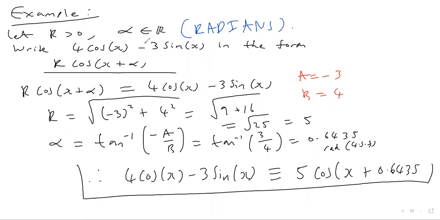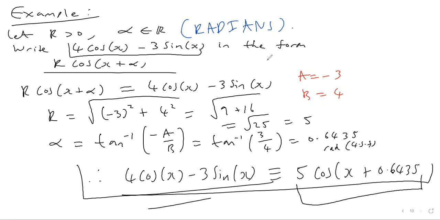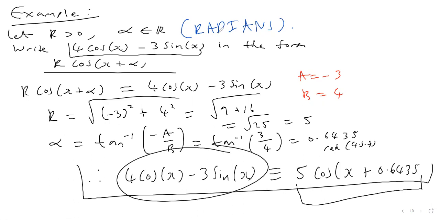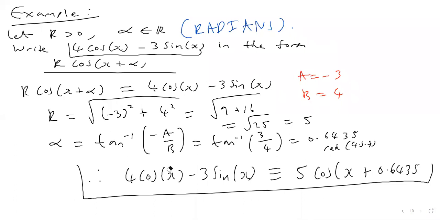Tomorrow we're going to look at why this is useful, why writing something like this into this form is much more useful than having this on its own. It's much more useful to convert this kind of thing into just one trig function, rather than a sum or a subtraction of two different trig functions. It's much easier to have this form than this form, and we'll see in tomorrow's video why that's the case.